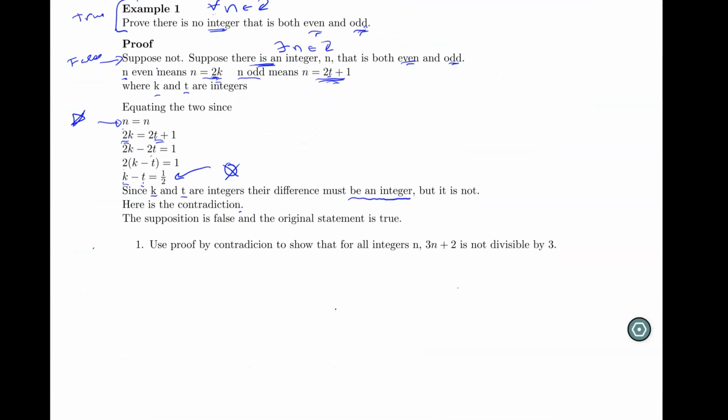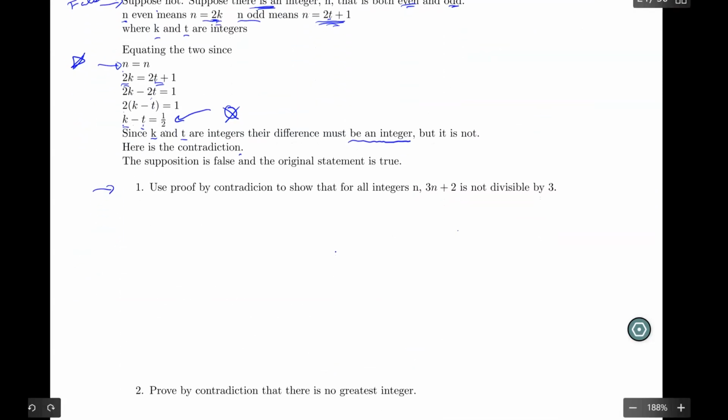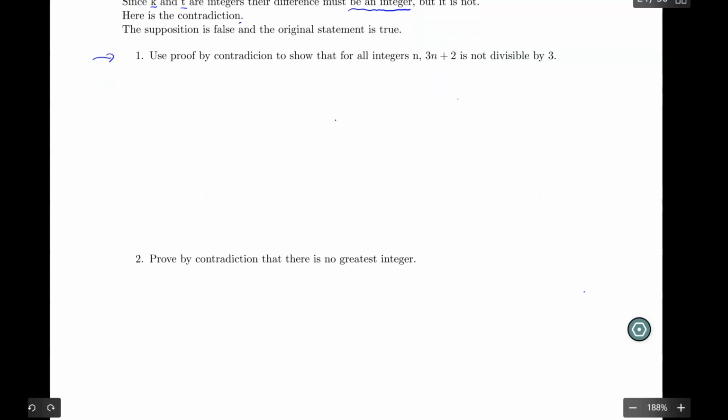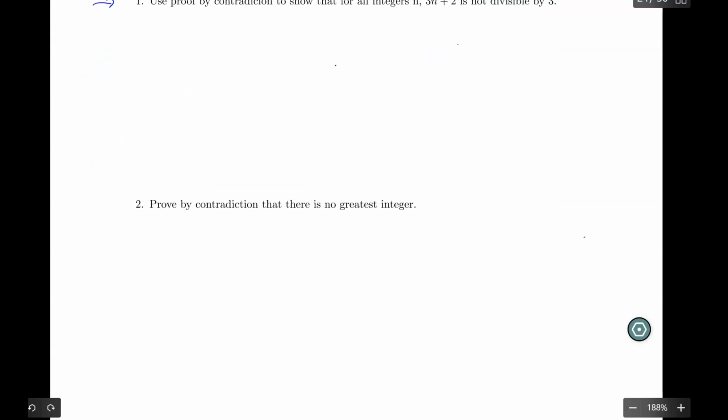I'm going to let you do this one in class, or you can practice with it, and we'll have someone present it. Let's do this one that's a little bit different. Suppose there is no greatest integer. Prove by contradiction. So suppose there is a greatest integer.